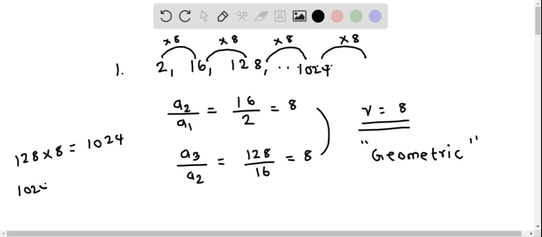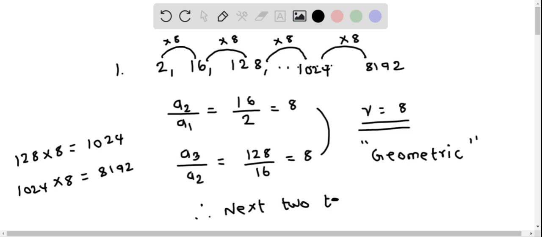So we multiply 1024 with 8, and this gives 8192. So I put this 8192. So therefore we can say that the next two terms of the geometric sequence are 1024, comma 8192.